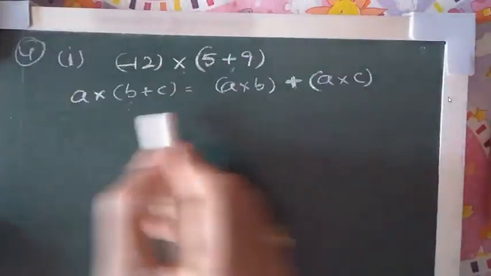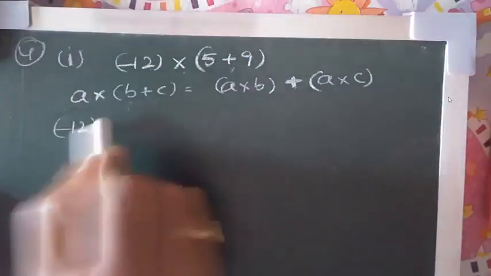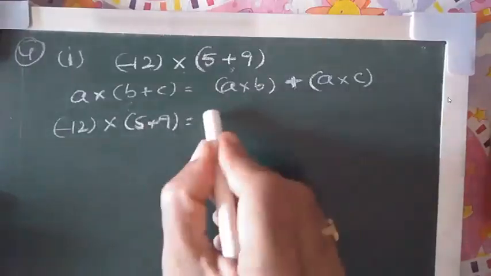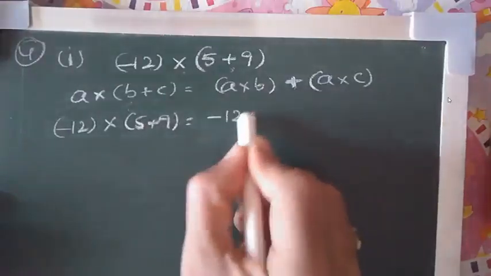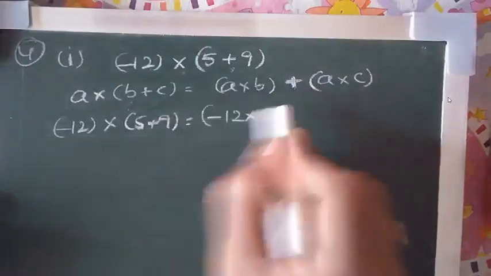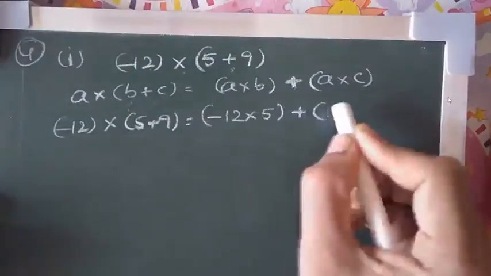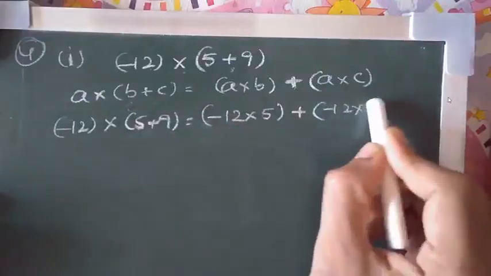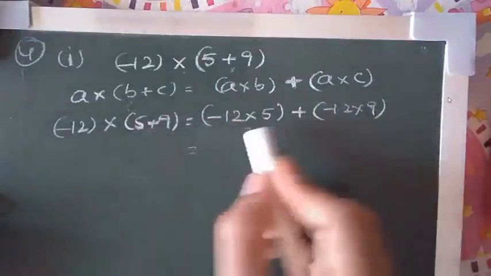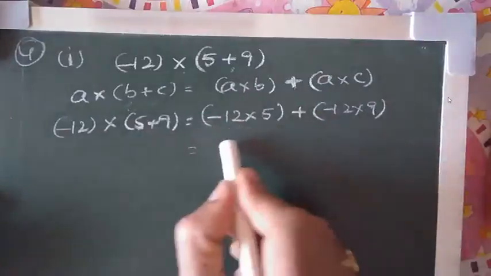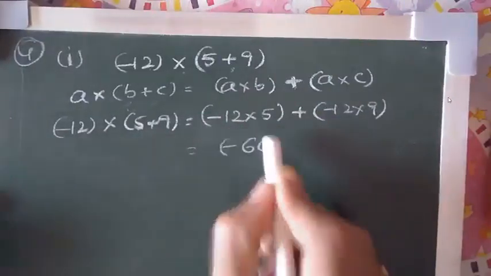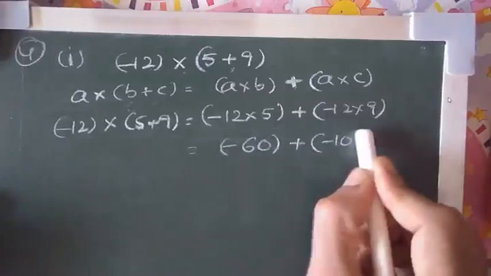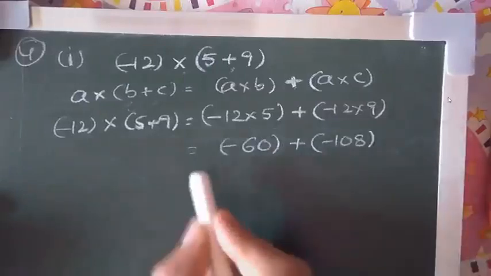So now you can write minus 12 into 5 plus 9 as a into b, which means minus 12 into 5, the first bracket, plus again a into c, which is minus 12 into 9. So the first bracket, minus 12 into 5, 12 5s are 60, minus 60 here, plus minus 108, 12 9s are 108.